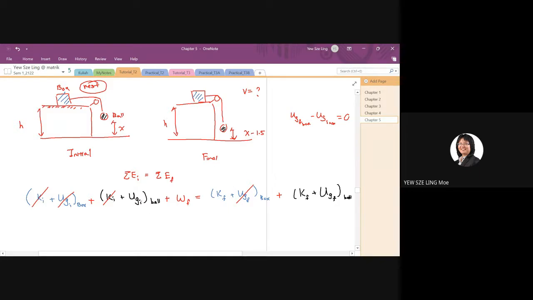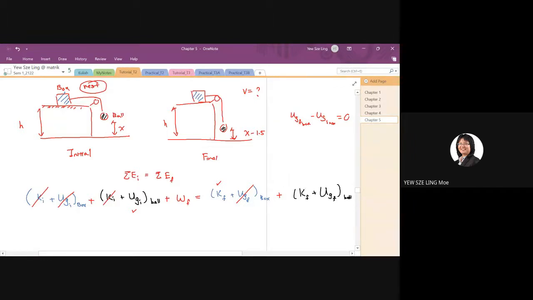So initially my object, the ball, starts from x, so I have UG initial. And then how about final? Final, the box is moving with a velocity, so I keep the KF for the box. And the ball is also moving with a velocity.